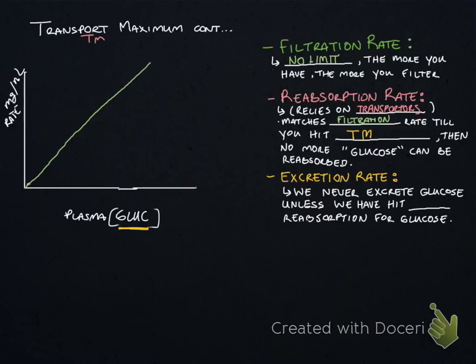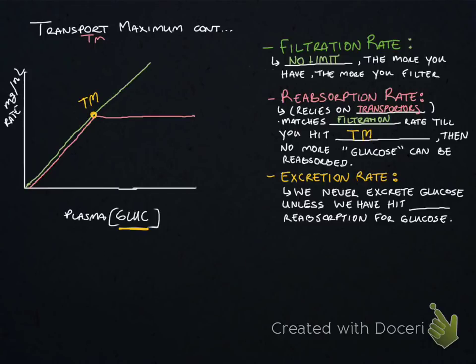And we just remember use glucose as an example. So let's say that our transport maximum is right here. So with reabsorption, we're reabsorbing the glucose, matching filtration rate. Oh, and then we hit the transport maximum. Are we going to reabsorb any more, even though we're still filtering glucose? No. So that means our reabsorption graph rate will plateau.